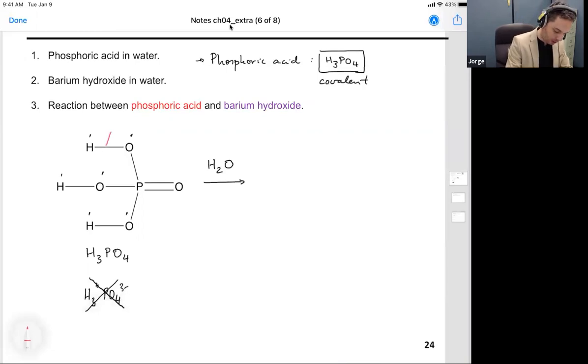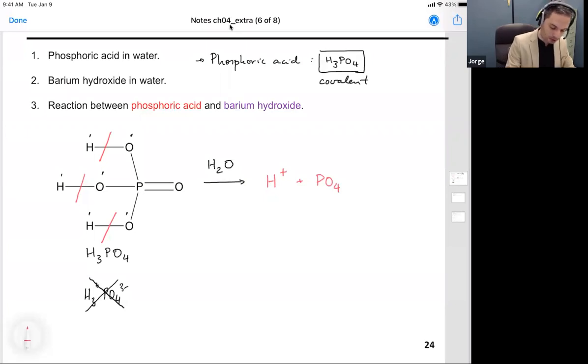So it's going to break here, here, and here. So water breaks hydrogen-oxygen bonds. And the result of the dissolution of the compound in water is the production of H plus what was left, which is PO4.